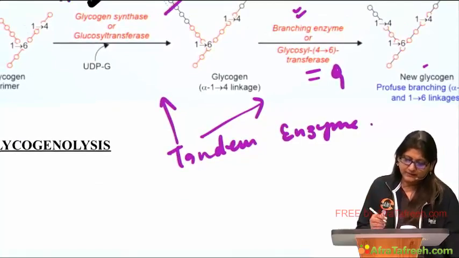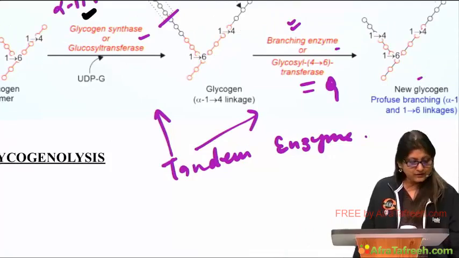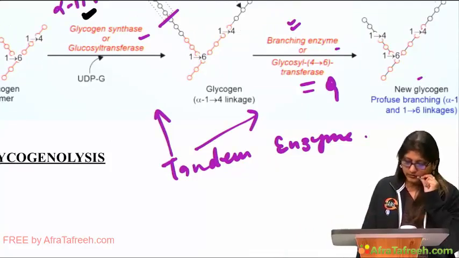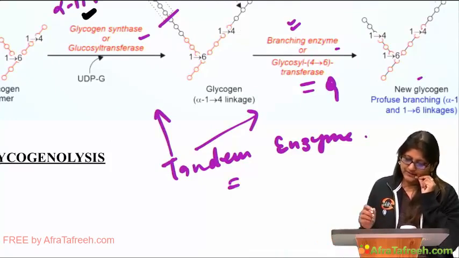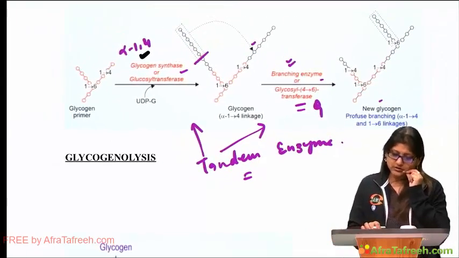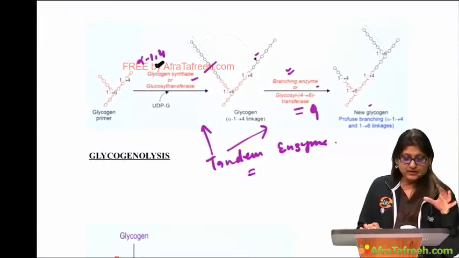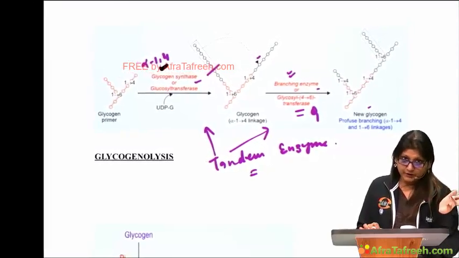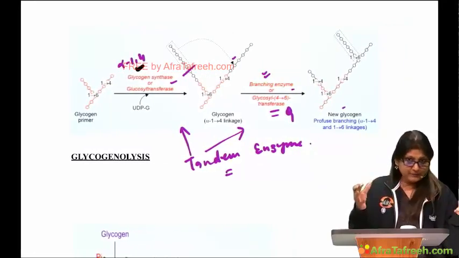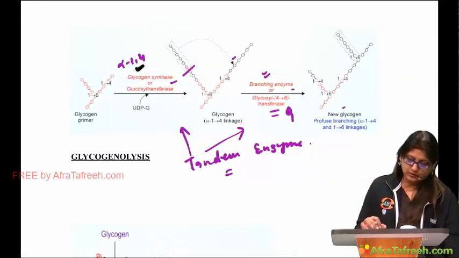And those tandem enzymes are glycogen synthase and the branching enzyme, right? Very good. So this is needed in glycogenesis. Multiple times the glycogen synthase and branching enzyme will be acting in a tandem fashion to create a highly branched polymer of glucose, which is glycogen.